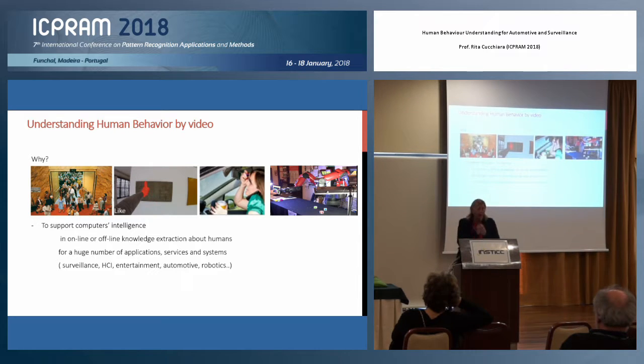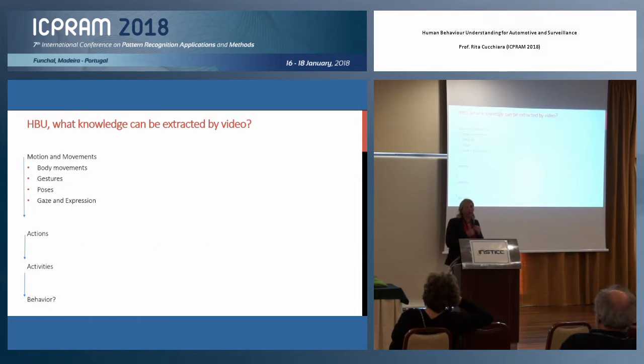In order to extract some knowledge about humans for many different applications, like surveillance, human-computer interaction, entertainment, automotive, robotics, and many others. Wherever the human is in the loop, robots and computers must learn something about that.